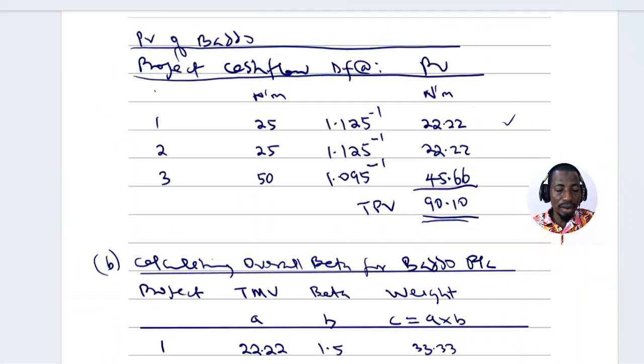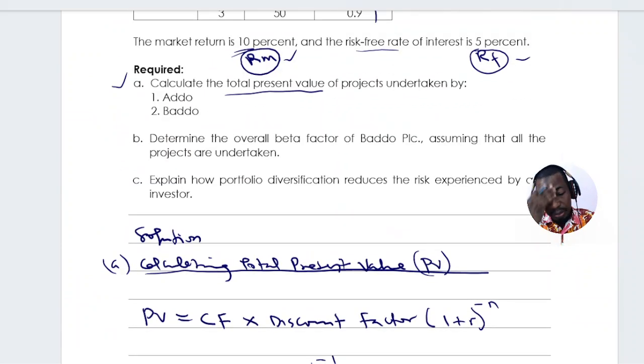Then number C, requirement of the question, you have to explain how portfolio diversification reduces risk experienced by any investor. Portfolio diversification is a strategy usually adopted by a rational investor in order to avoid a disastrous or catastrophic financial outcome by investing in securities that are negatively correlated. When you invest in securities that are negatively correlated, it will enable the investments to be resilient to gyration.